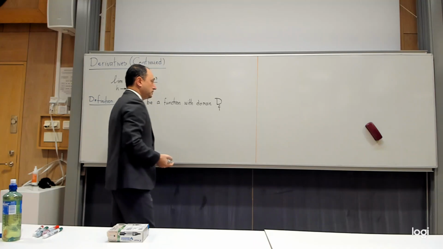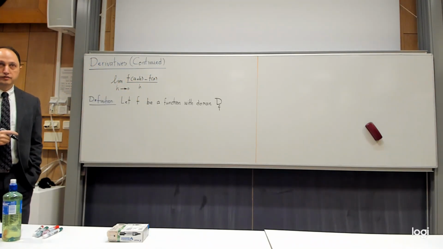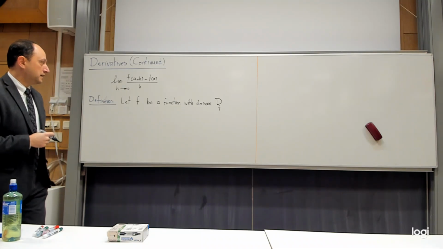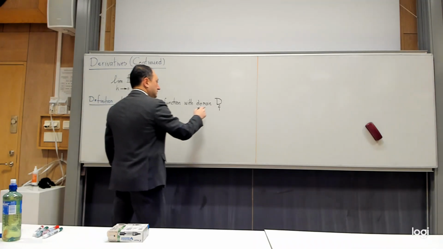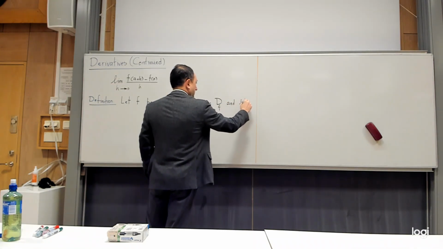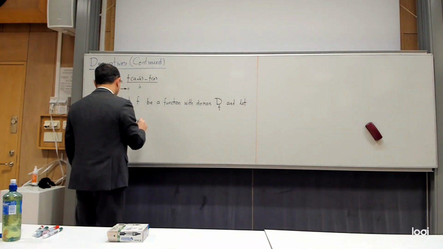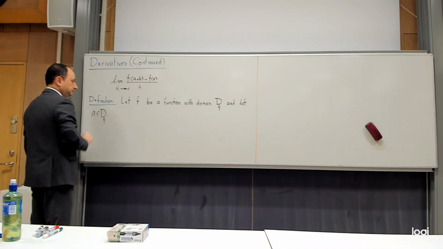The domain, do you remember? It means the set of all possible values that you can use for the input. So let f be a function with domain Df, and let a be a number in its domain. a belongs to its domain.